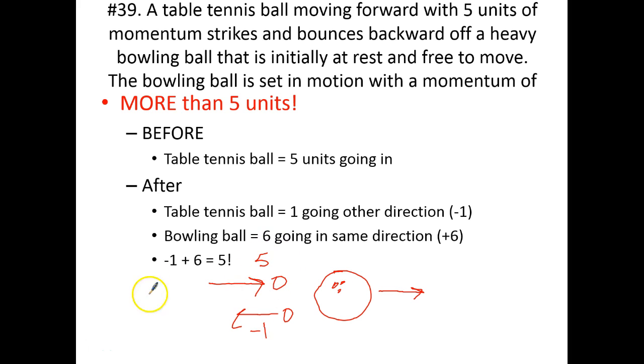So the change in momentum has got to be equal to the final, which is -1, minus the initial, which is 5, and that would be -6 units. So we're going to conserve momentum here. So this has got to be -6, and this one has also got to be a +6. So that one's a little bit more confusing, one that you really need to think about a little bit.